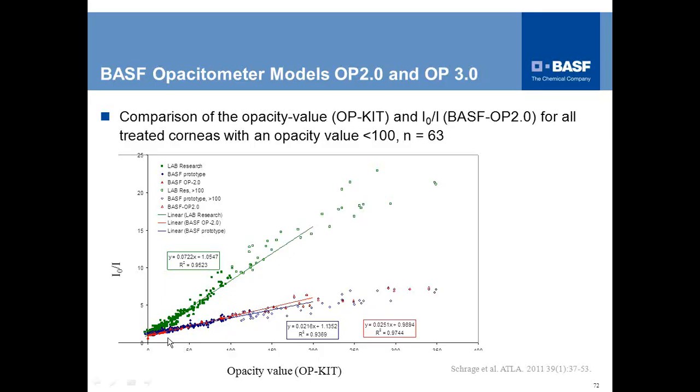We have the standard instrument plotted against the new instruments on the other axis. Very high opacity values don't really make a difference. If you recall the prediction model, we did the evaluation for corneas with an opacity value smaller than 100, and in total we included in this evaluation more than 60 corneas.